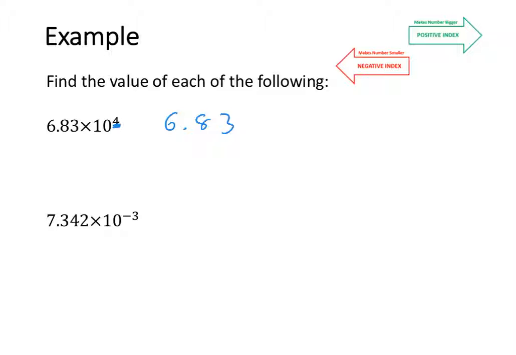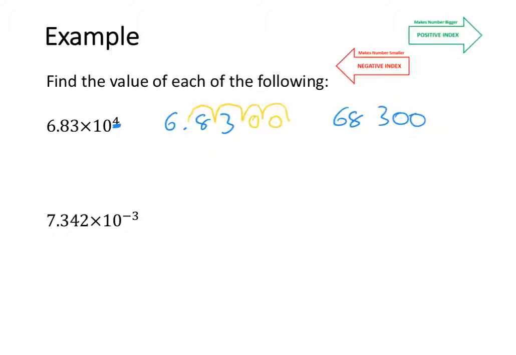So moving my decimal place 1, 2, 3, 4, and then filling in any empty spaces with a 0. So my number converted from scientific notation is going to be 68,300.